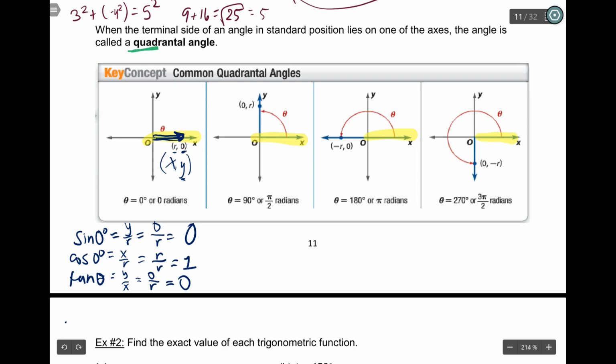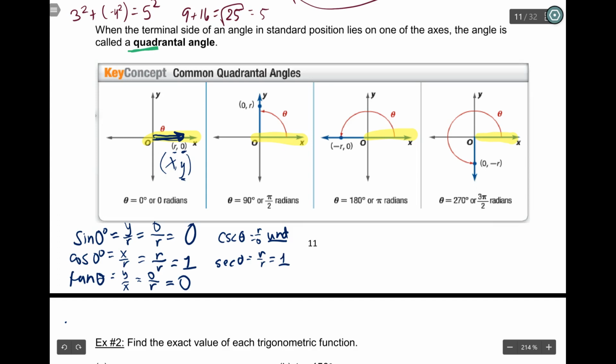So if we try to find the reciprocal functions, cosecant of theta, well, we flip it, so we'll have r over 0, and that's going to be undefined. You can't divide by 0. The reciprocal function of cosine is secant of theta. So here, if you flip r over r, you still get r over r, which is equal to 1.